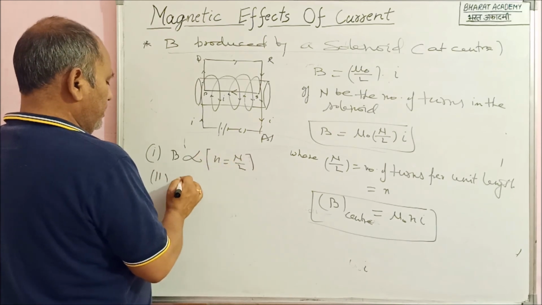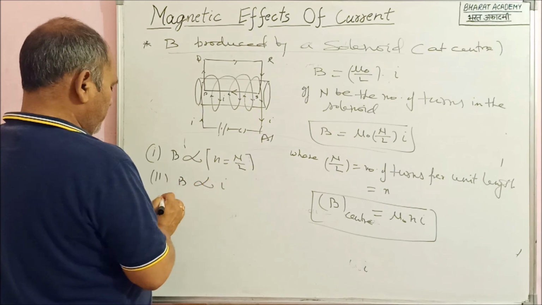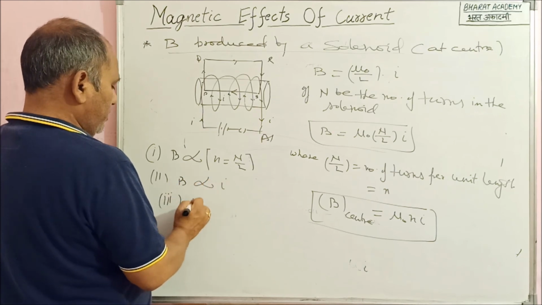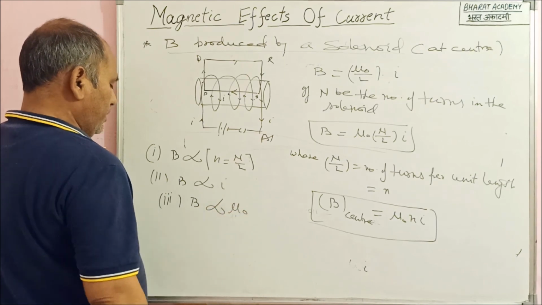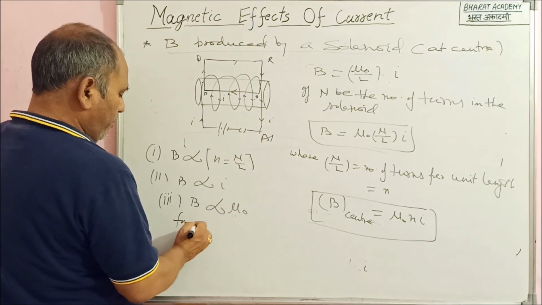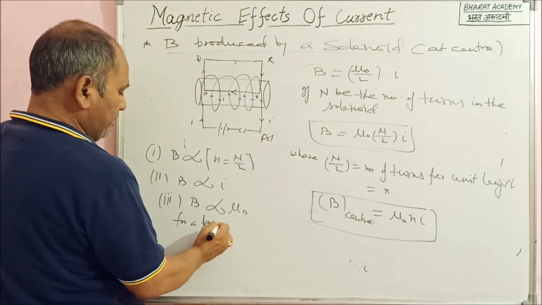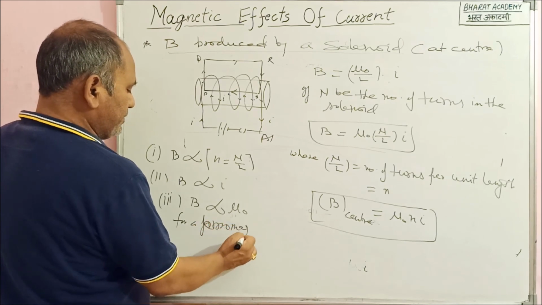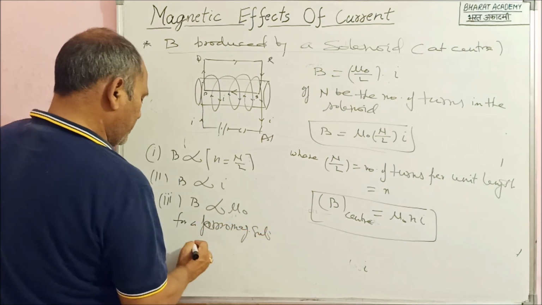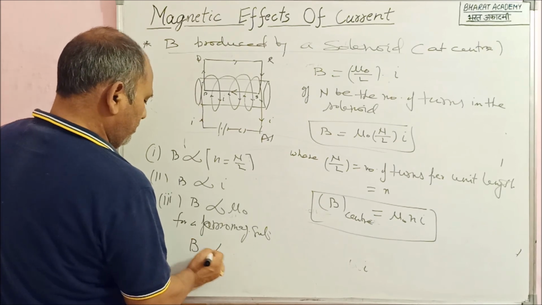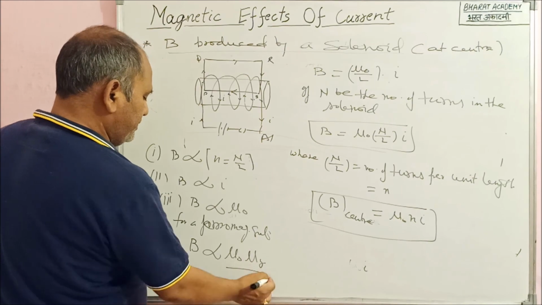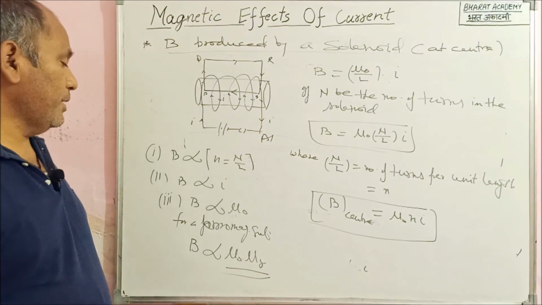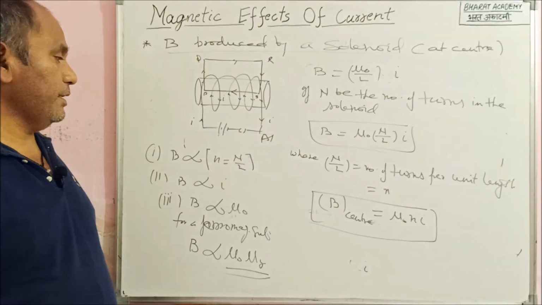Second factor, directly proportional to I, and third factor, again I am talking about B, directly proportional to mu 0, right? If a ferromagnetic substance is inserted, then B will become directly proportional to mu 0 mu R. Remember, this magnetic field will increase by mu R times.